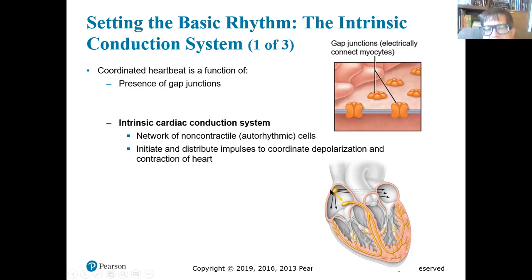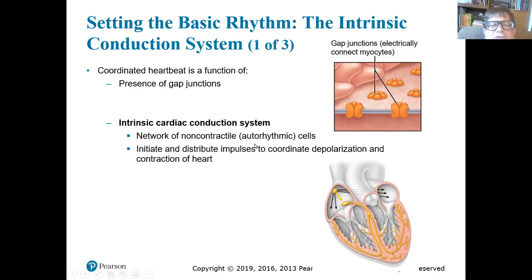You can see them in the picture right here. The SA node is high in the atria near the superior vena cava. The AV node, you probably guessed, since it's the atrioventricular node, is low down near the junction of the atria and the ventricles. Both of those have these non-contractile cells.